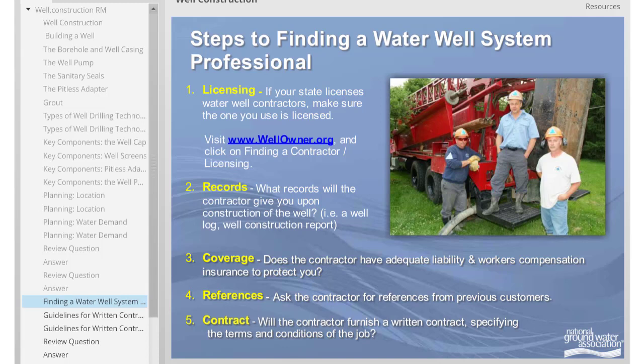Third, ask the contractor if he has adequate liability and workers' compensation insurance to protect you. Fourth, ask the contractor for references from previous customers. And fifth, ask the contractor for a written contract specifying the terms and conditions of the job.